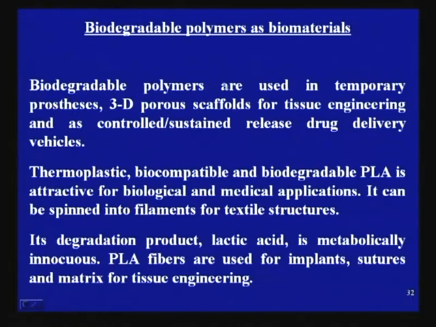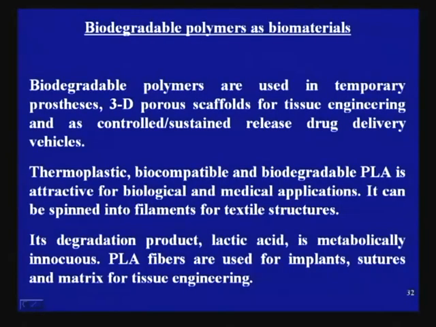Now, look at biodegradable polymers as biomaterials. Could you tell me one example of a biodegradable polymer? PLA, you should say immediately, polylactic acid, polyglycolic acid, a copolymer of polylactic acid and glycolic acid. Those are your biodegradable polyesters.